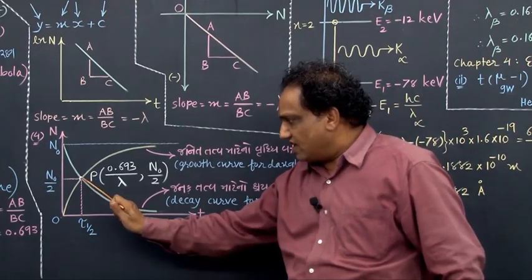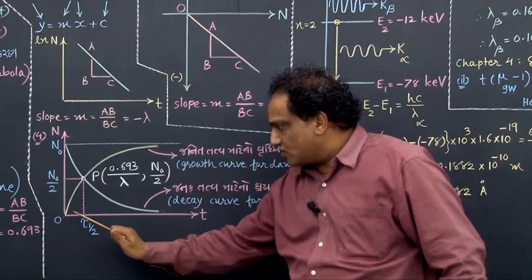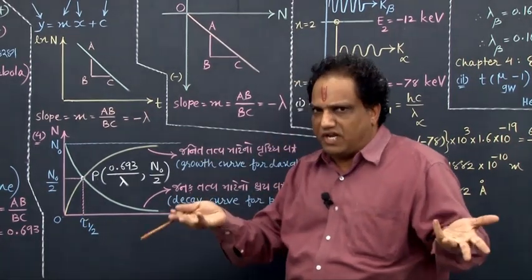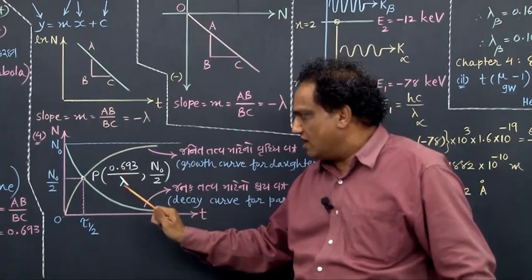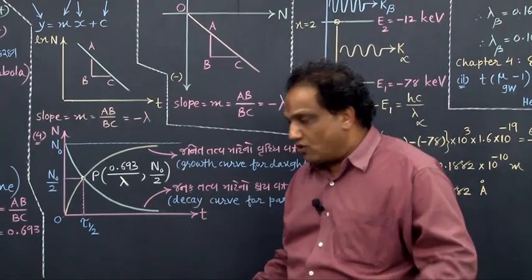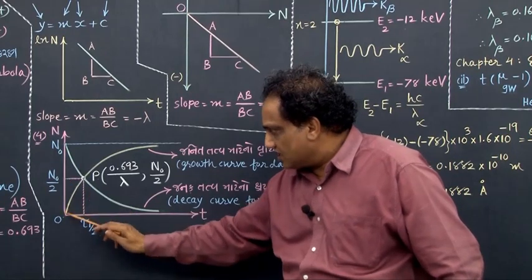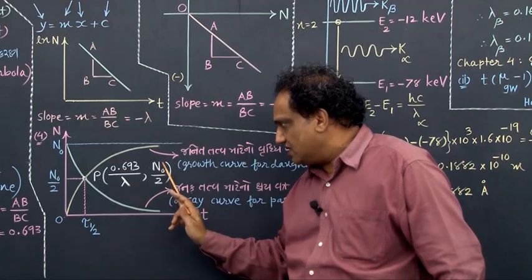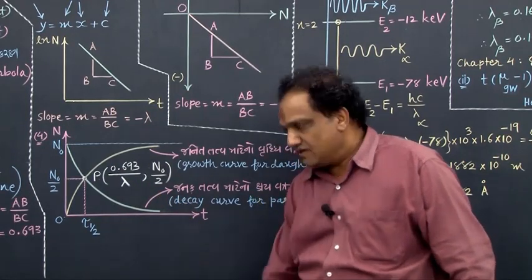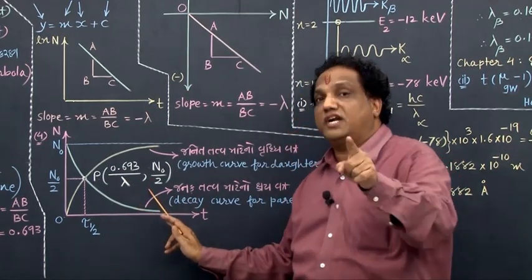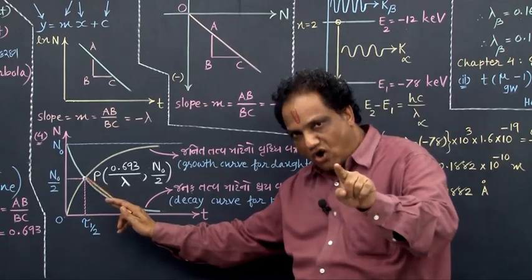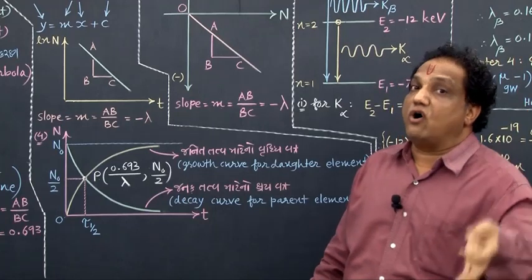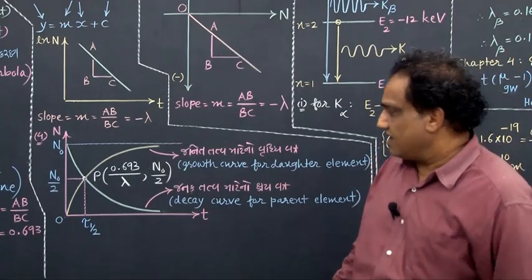So for this point of intersection, its x coordinate is tau half, and the tau half formula everybody knows, 0.693 upon lambda, comma, y coordinate is n0 by 2, correct? So this is the x coordinate, this is the y coordinate. This becomes the coordinates of the point of intersection of the decay curve of the parent element and the growth curve of the daughter element, got it? Fine.